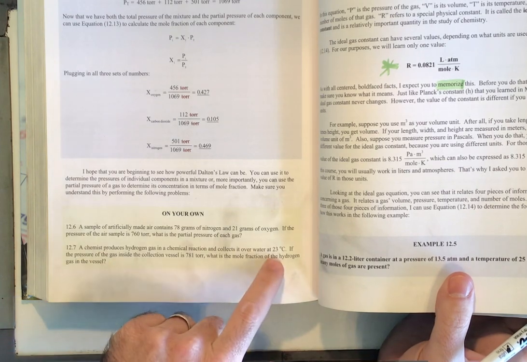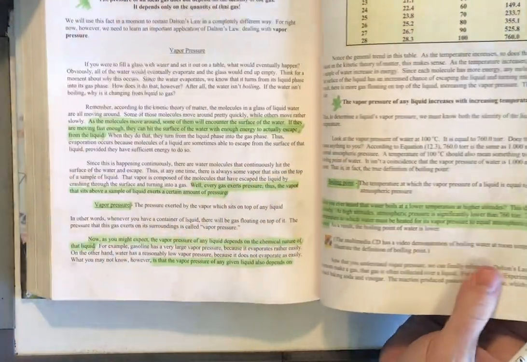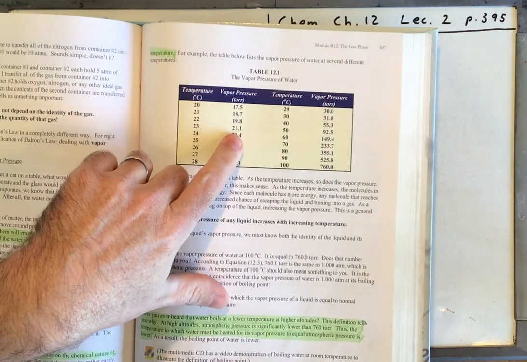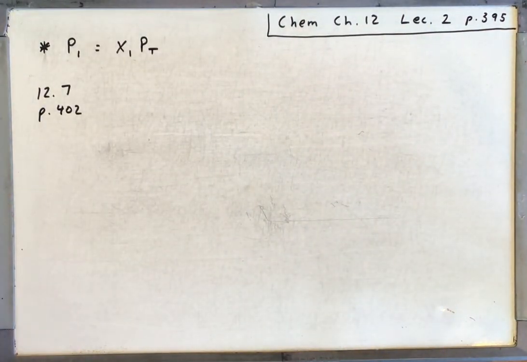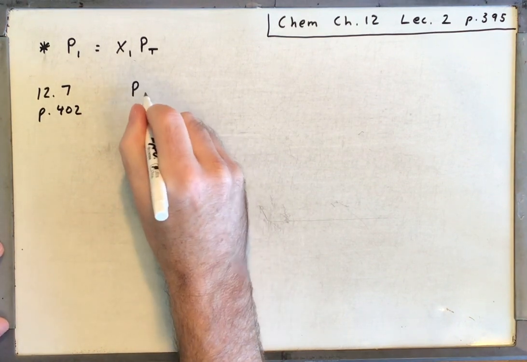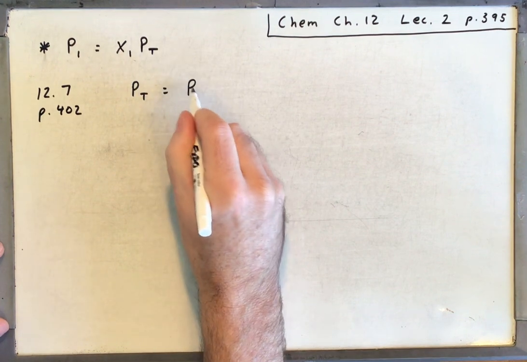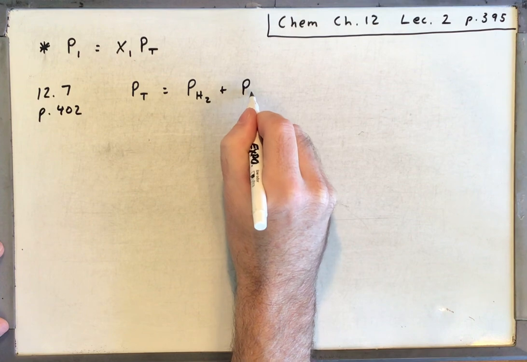Okay, so first of all, let's look back and get the vapor pressure of the water. All right, at 23 degrees C, so we flip back to table 12.1. We see that's 21.1 torr. All right, so we'll come back to that. All right, we know that the total pressure, according to Dalton's law of partial pressures, is going to be the pressure of the hydrogen plus the pressure of the water.